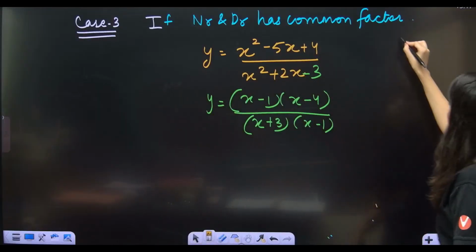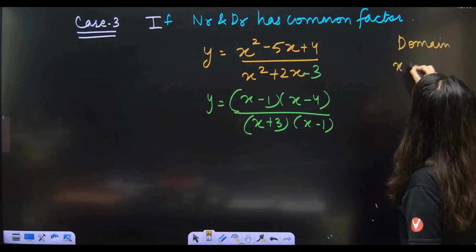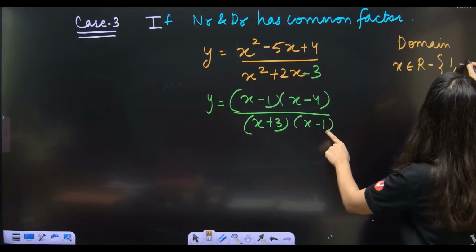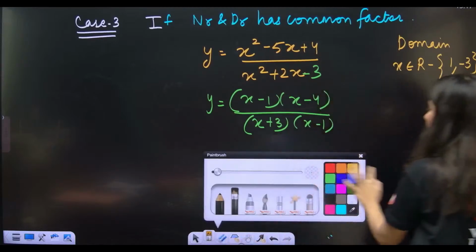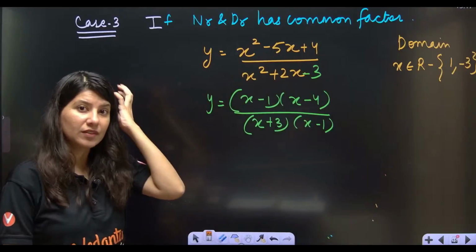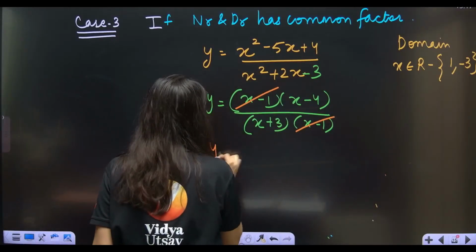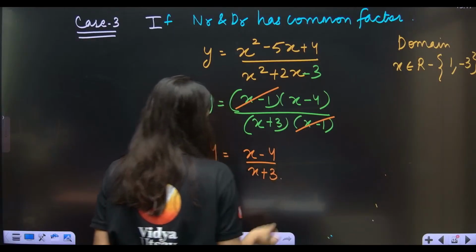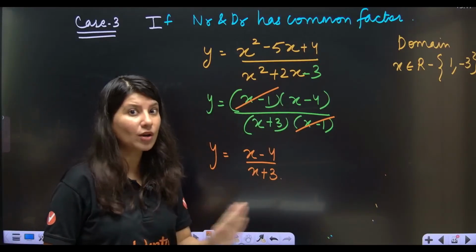Now, if I talk about the domain, it is very clear that x belongs to all real values except minus 3 and 1. So minus 3 and 1 can never be in your domain, correct or not? So now you can just cancel these two terms. So y is equal to x minus 4 upon x plus 3. Domain is sorted, right? Minus 3 will not be there and 1 also is not there in the domain.